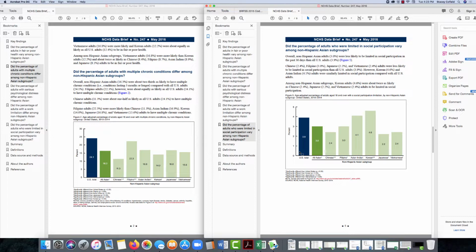But if you look at the graphs, the height of the bars looks the same. The pattern's a little bit different, but the height of the bars makes you think that the US total in both figures is the same. And it's not. It's 24.1% on the left side graph, 3.9% in the right side graph.